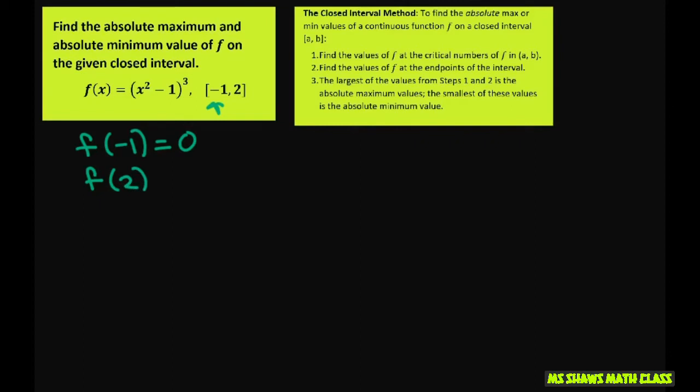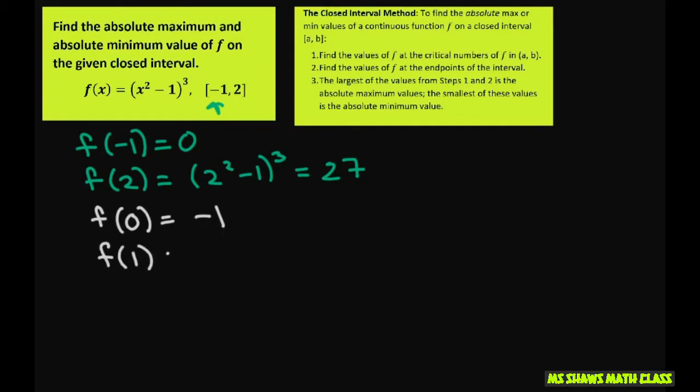So f of 2 is going to be (2 squared minus 1) cubed, so that equals 27. And then we had f of 0, which is -1. And we already have f of 1, which is also 0.